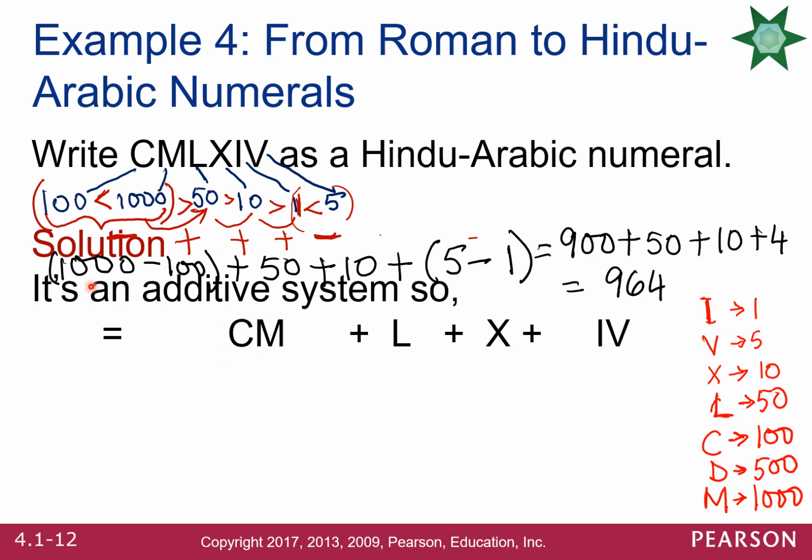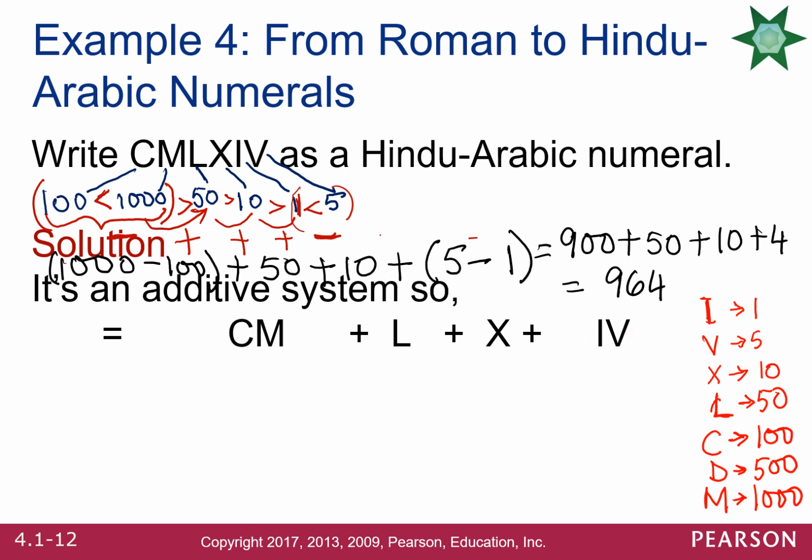We calculated that first, plus L plus X plus IV together, because there was subtraction involved here. The left-hand side numeral was less than the right-hand side numeral, so we had subtraction here. So they've grouped this together. Just like we used brackets here, they have used the grouping method here.